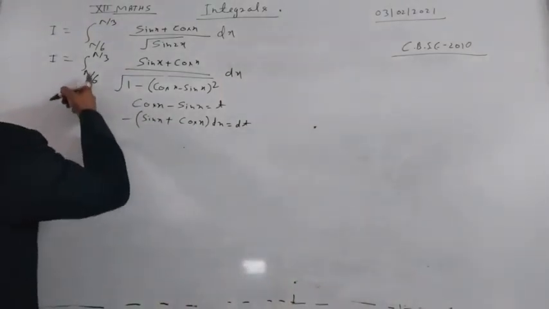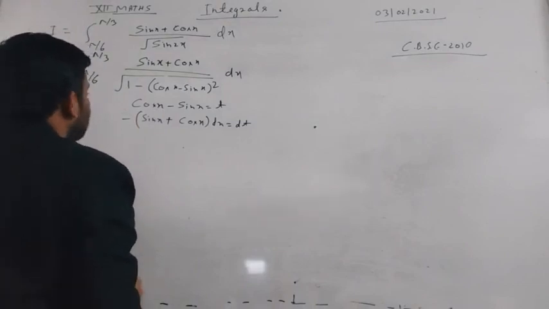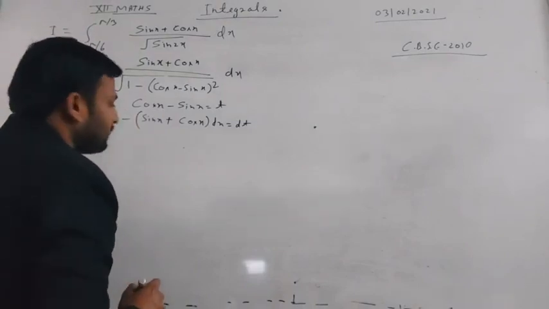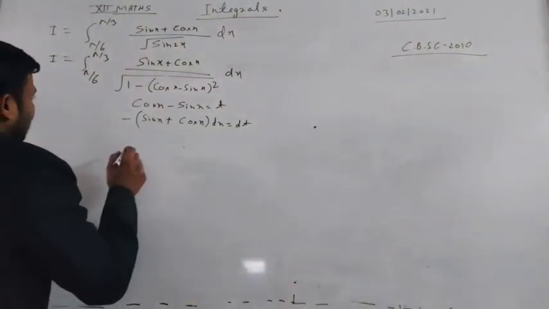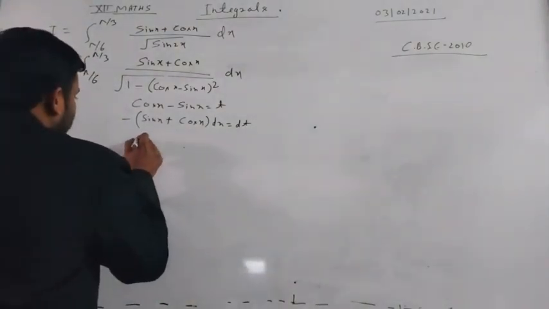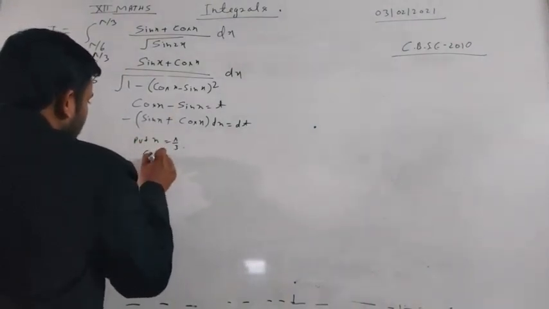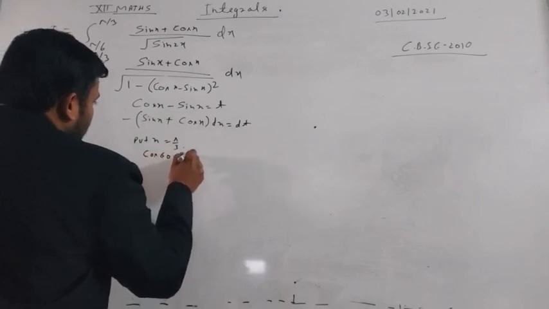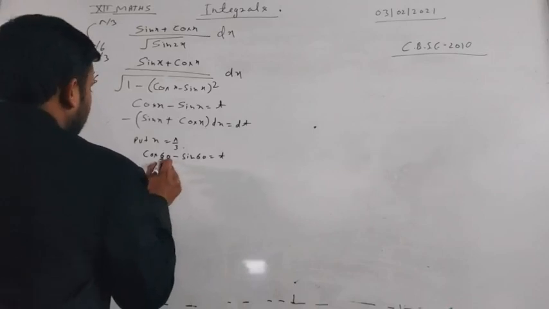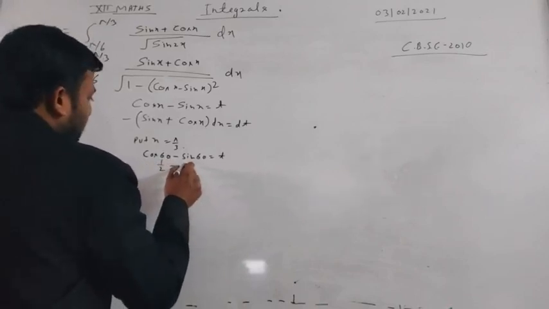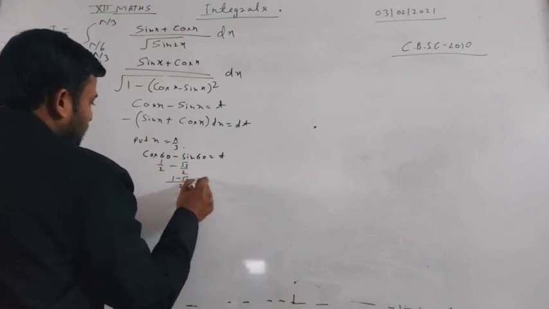Now students, we are putting the limit here, cos pi by 3 minus sin pi by 3, which is cos 60 minus sin 60, which is t. So this is 1 by 2 minus root 3 by 2.